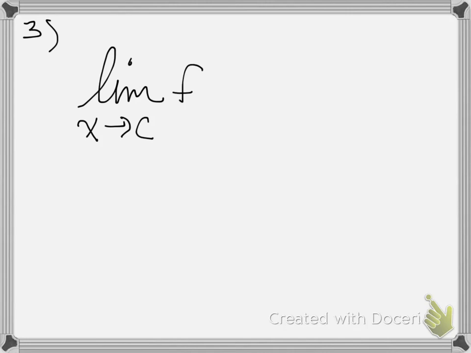Now, the third criteria. In order to be continuous, not only must the limit exist, but the limit as x approaches c of f of x must equal f of c. Okay? Now, again, I can tell you're probably wondering about that.